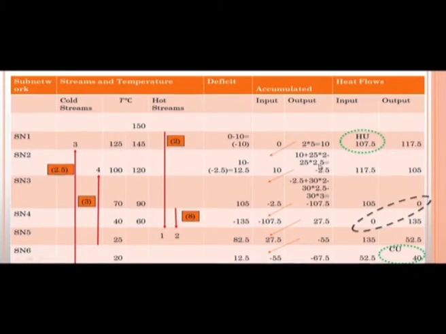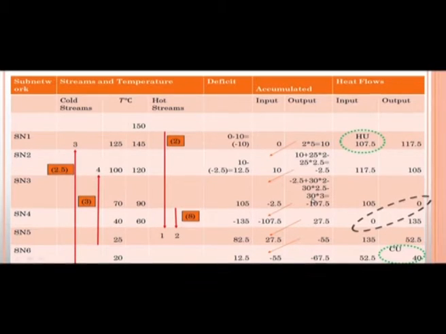In a similar way we complete the 3 columns, that is the deficit column, input column and output column. Now, you see with all these we have got a total deficit of minus 67.5. Not only that, in the output somewhere we are getting minus 107.5, which is the largest negative number.